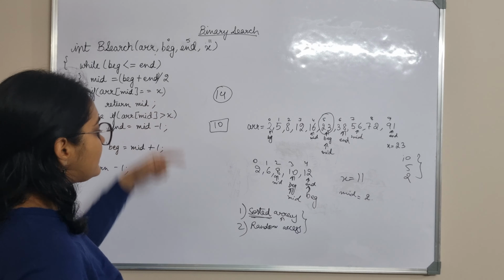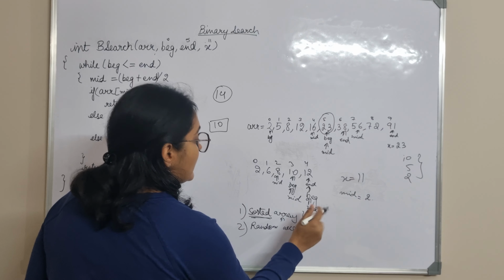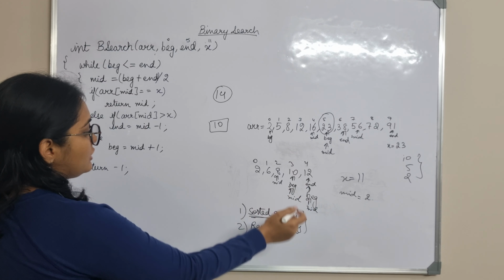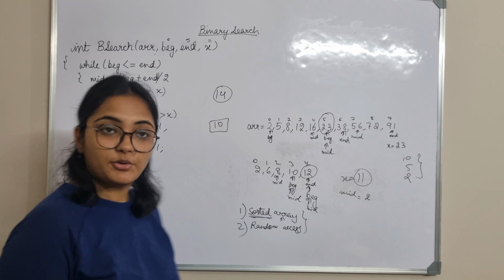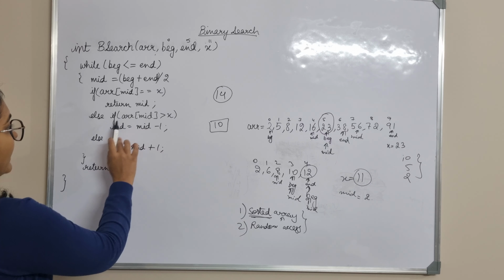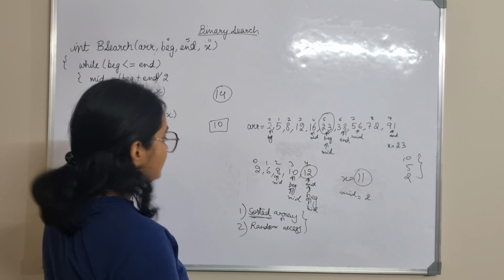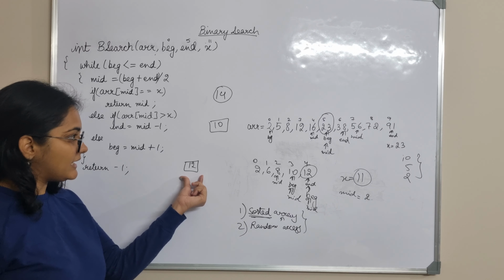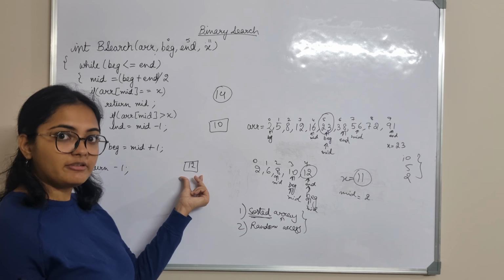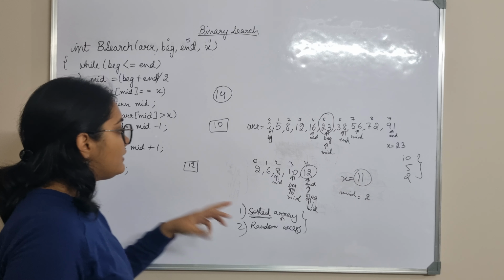Now if array of mid is equal to x, is this equal to x? No, it's not. Is array of mid greater than x? Yes. If you see 12 in an array and you are looking for 11, then what will you say? That 11 will be on the left side if it is sorted in ascending order, right?